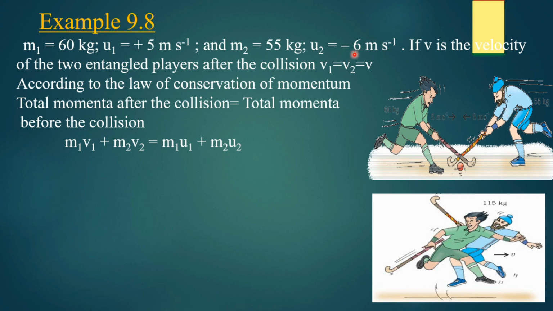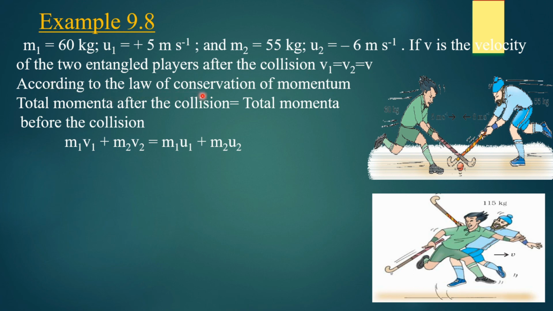So, we are writing here minus 6. If v is the velocity of the two entangled players after the collision, v1 equal to v2 equal to v. So, after collision, both will move with the single velocity v.